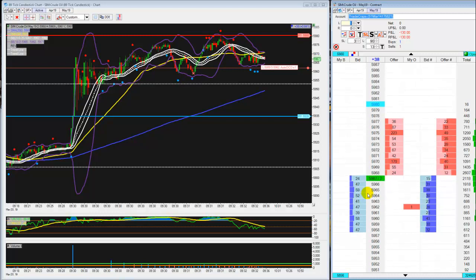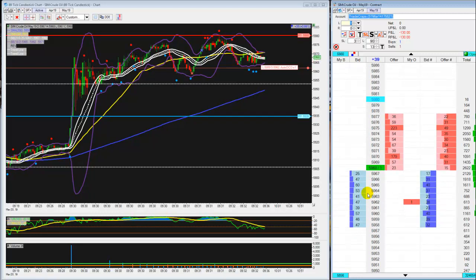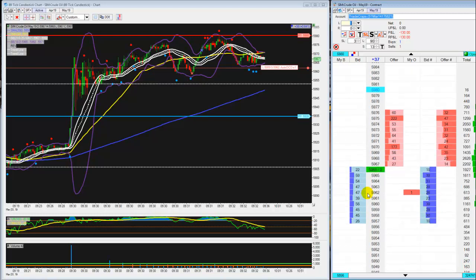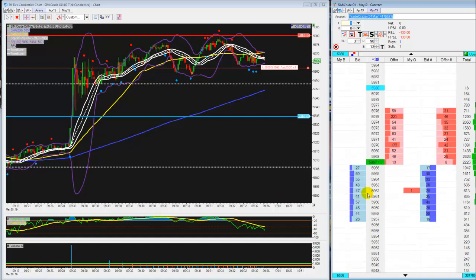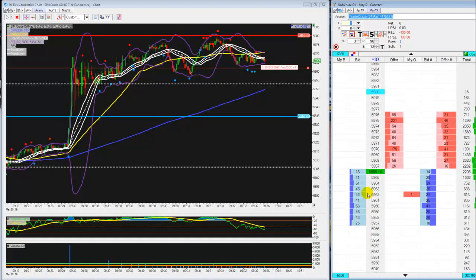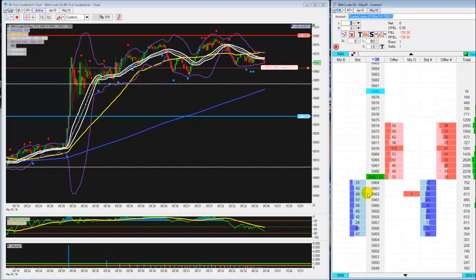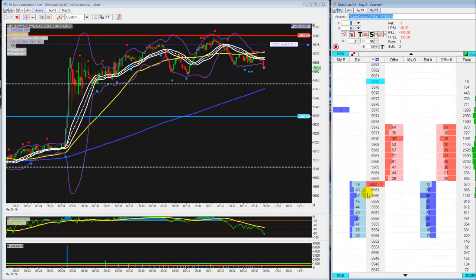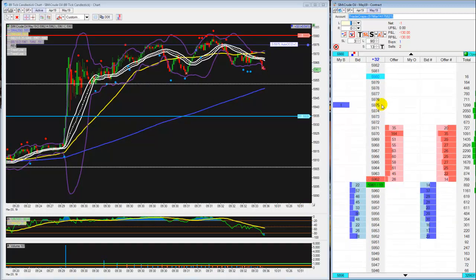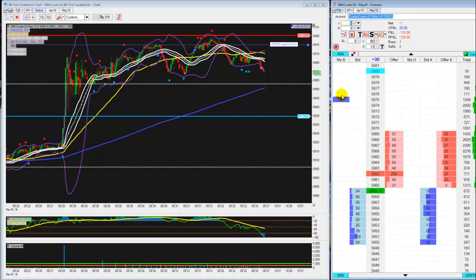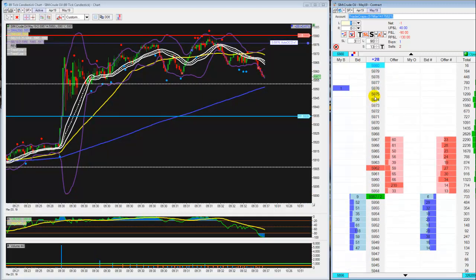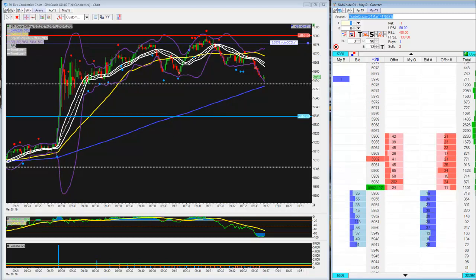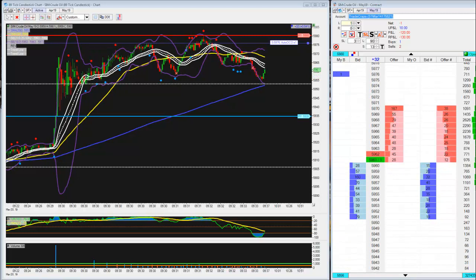Short from 62. Looking to short at 62. I don't like being on fives. We'll move to 6. I don't like being on 5s on the stop. All right, target 59.62, plugging into spreadsheet.